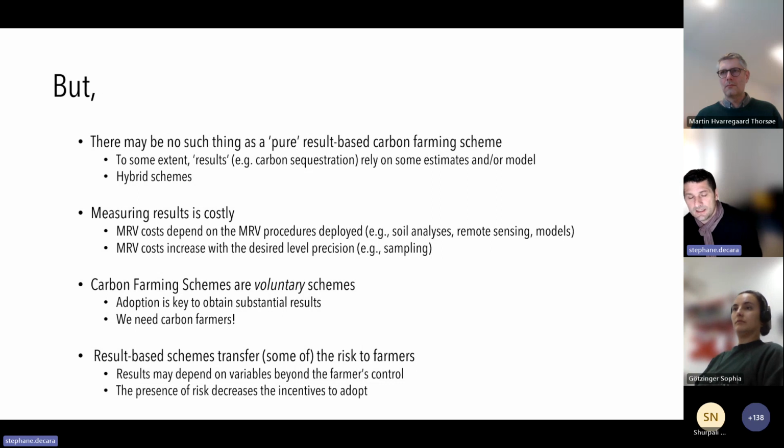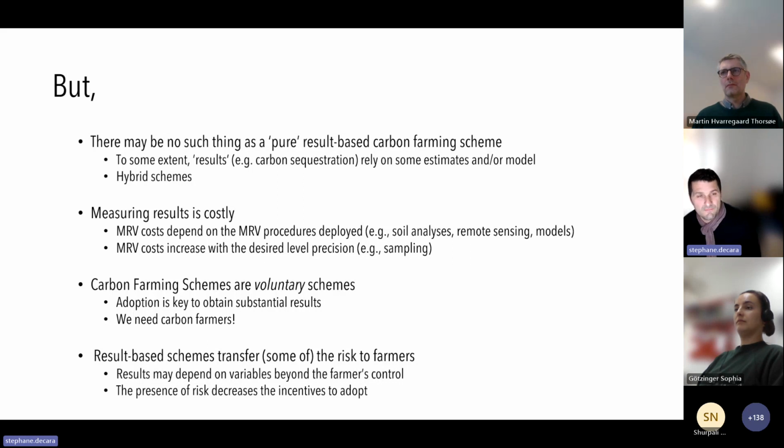Second, as it has been mentioned before, if you go result-based, you need to measure, and measuring is costly, and probably more costly than measuring action or activities. So it entails MRV costs. And of course, those costs depend on what you do on the ground, whether you go through soil analysis, remote sensing models, whatever.